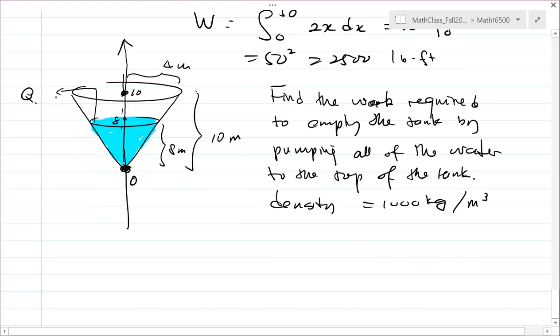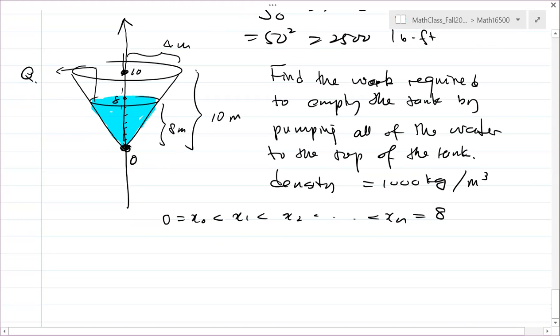All right. What I'm going to do is I still divide this interval into many subintervals. So it's the same idea, 0 equals x, right? Arbitrary partition. Okay. Then I look at each interval.